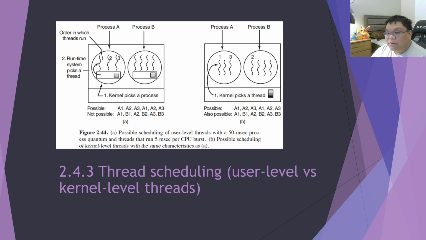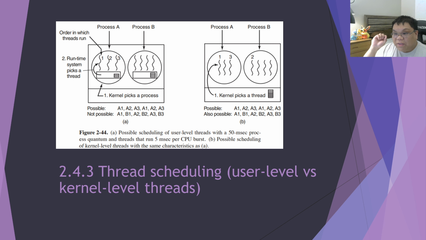If we have user-level threads, then we could have threads of process A run back to back until all the threads can't run anymore, or until time is up for the process. What cannot happen is the threads of process A and process B running after one another.